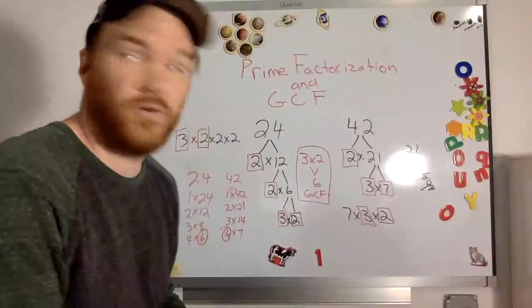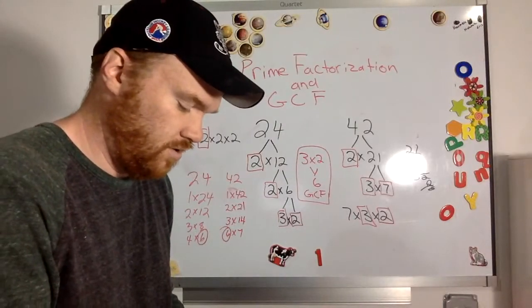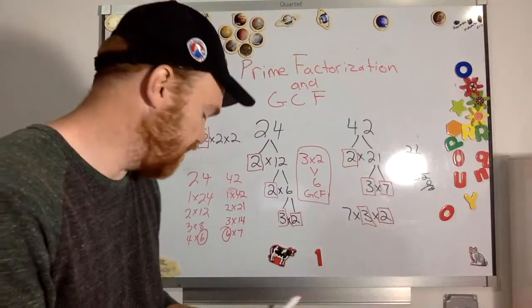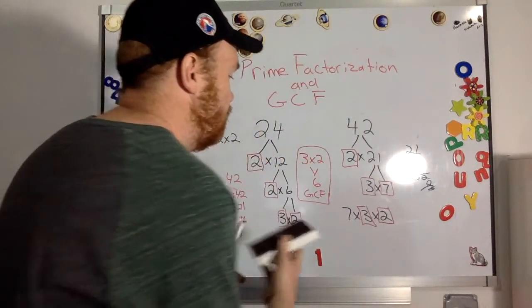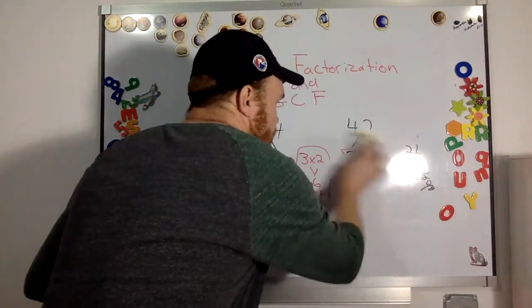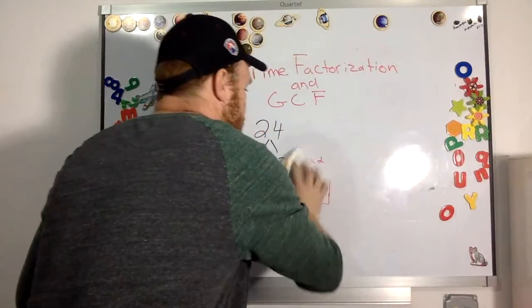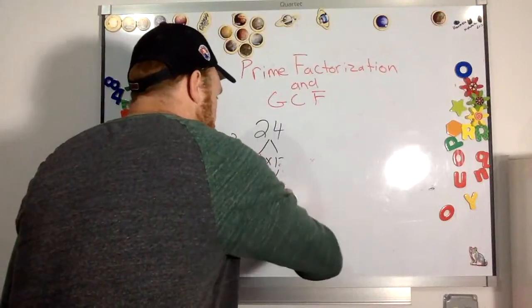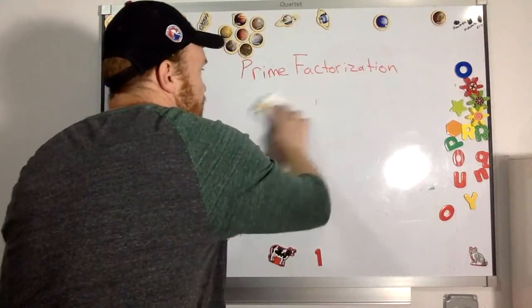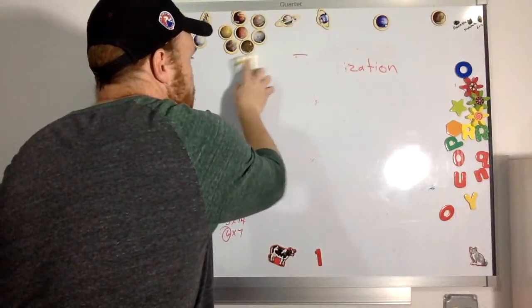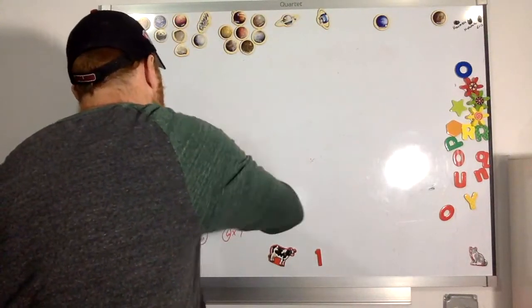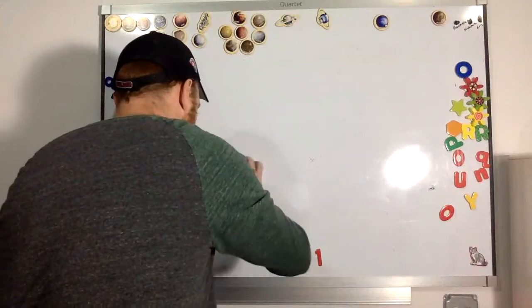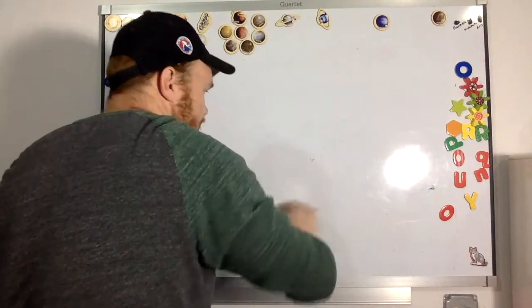The last one I'm going to have you guys do. Right, remember, I want you guys to go ahead and do this on your own. One. Okay. And when you do this, you can take a picture of your work and email it to me, or you can do it on a Google Doc.